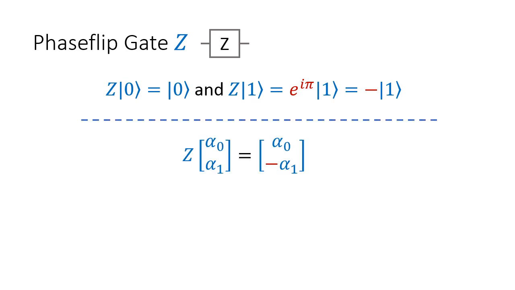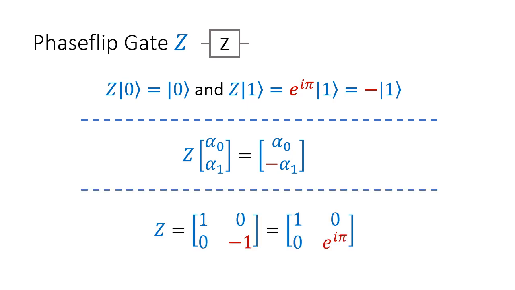When we consider the magnitude of state 0 and state 1, we can see that the magnitude of state 1 is the negative of the original one. And when we look at the matrix operation of Z, it will become 1, 0, 0, -1, which is equal to 1, 0, 0, e to the i pi.